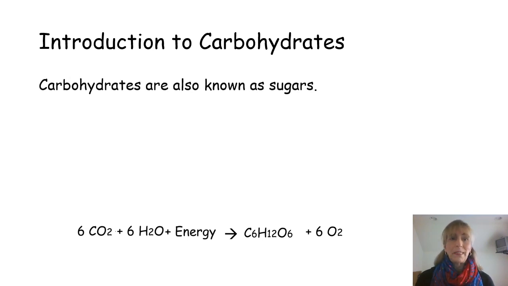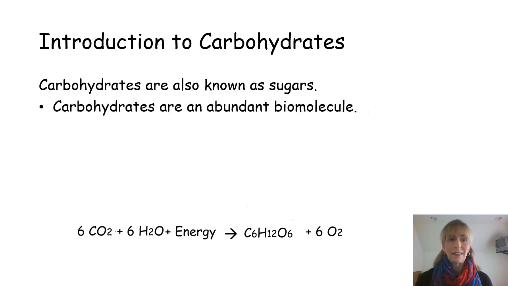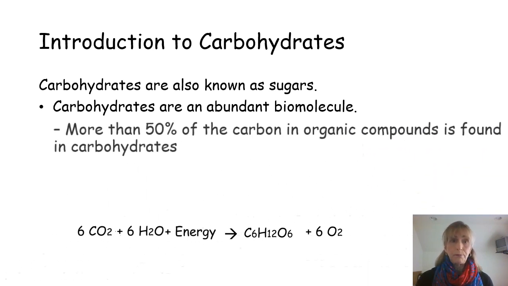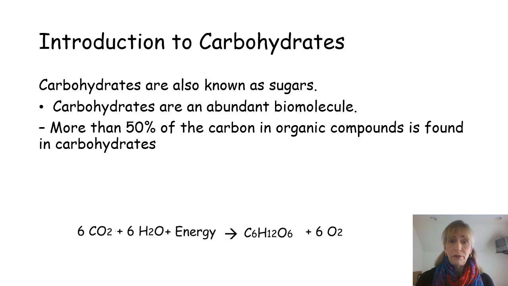Carbohydrates. They are also known as sugars, as you are well aware from your grade school science classes. They are an abundant biomolecule. More than 50% of the carbon in organic compounds, in fact, is found in carbohydrates.